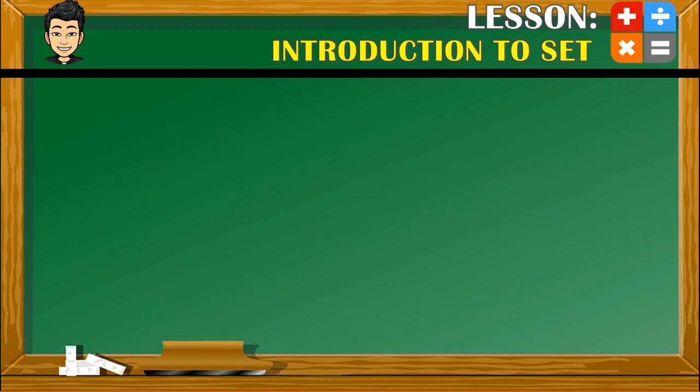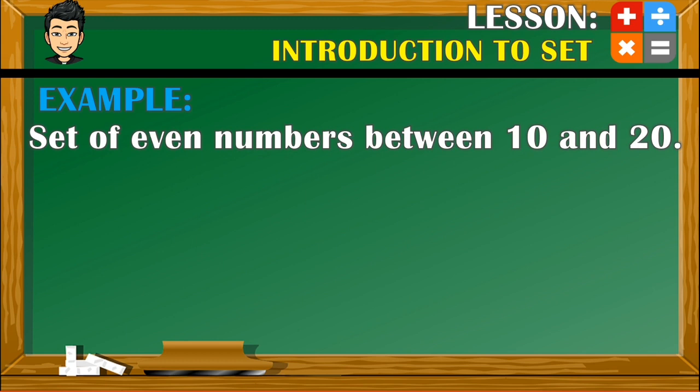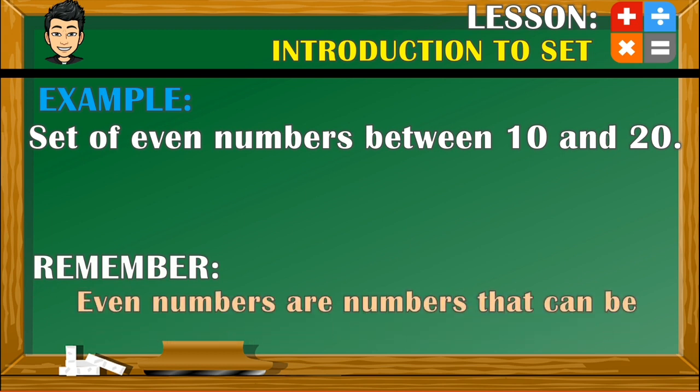For our third example, let us have the set of even numbers between 10 and 20. Remember that even numbers are numbers that can be divided by 2, like 0, 2, 4, 6, 8, and so on.